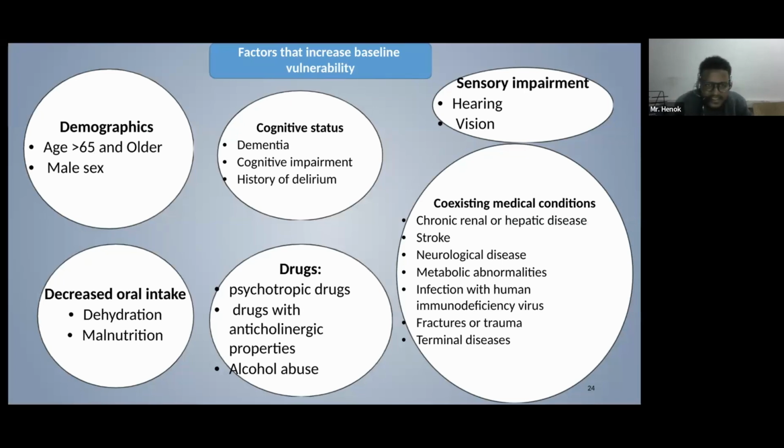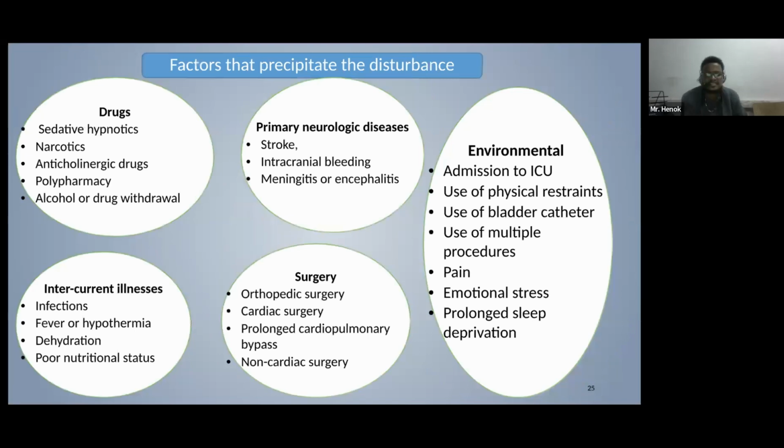So the second group of factors are factors that precipitate the disturbance. Precipitating factors by definition are factors that are near to the onset of the certain condition.